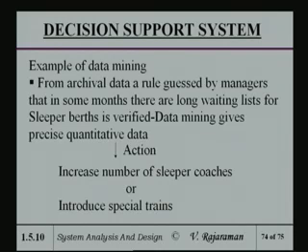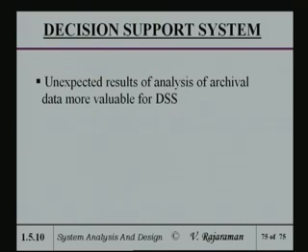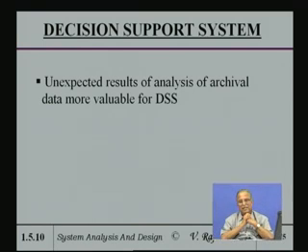So, this is about waiting list and increase in sleeper coaches. I gave an example which is essentially put in this transparency. The most interesting point is sometimes unexpected results come out from the analysis of archival data.